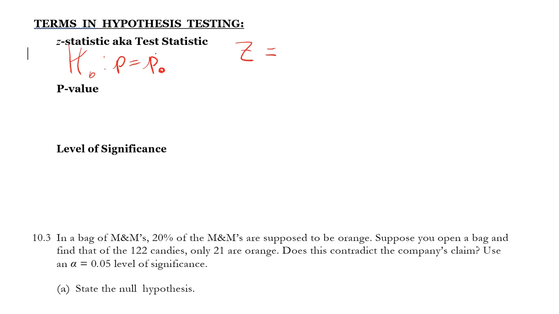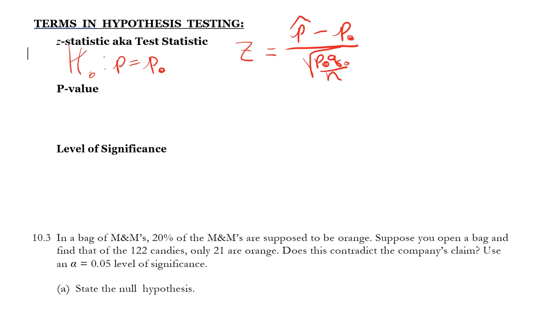So this is just whatever value you put on the null hypothesis. In the previous example, that was 0.9. So we found this as our P hat value minus P0, our mean, divided by the square root of P0 times Q0 over n.